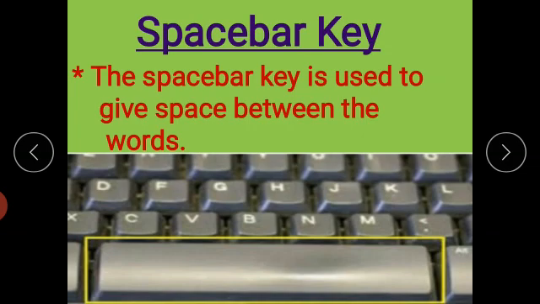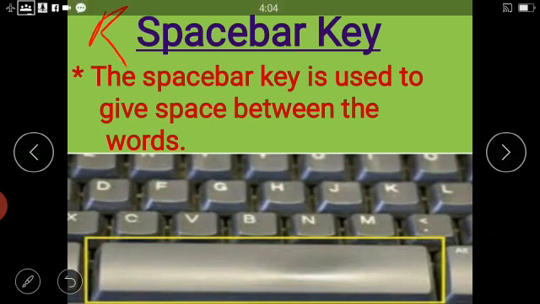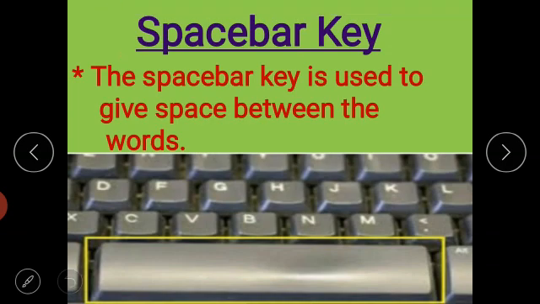suppose that your name is Riya Sharma. So, if you want to write your name, how do you write? Riya Sharma. Tell me, how do you write? RiyaSharma, but without giving any space. Okay. So how does it look?